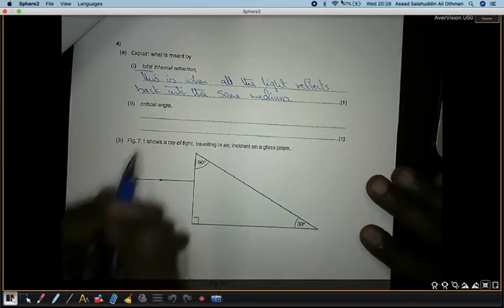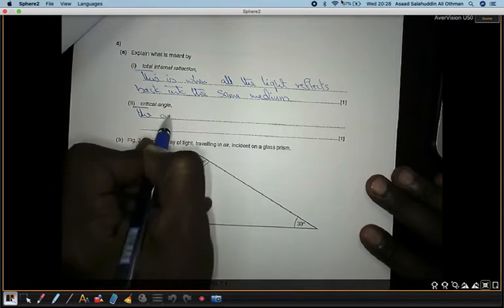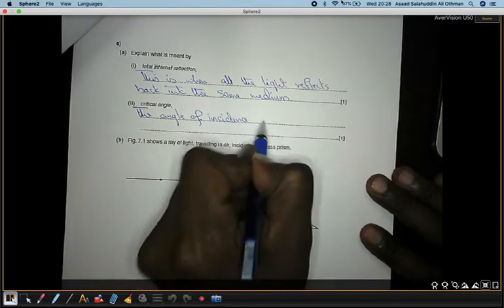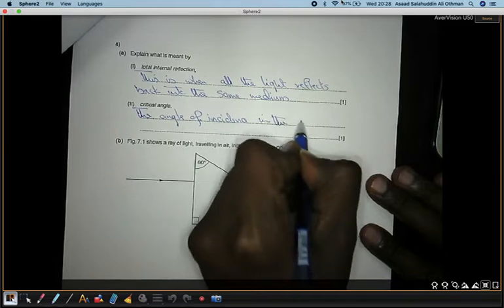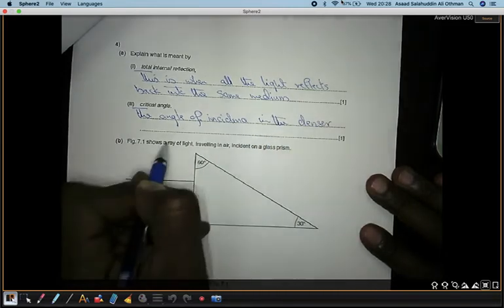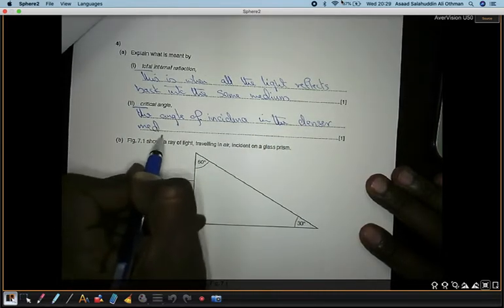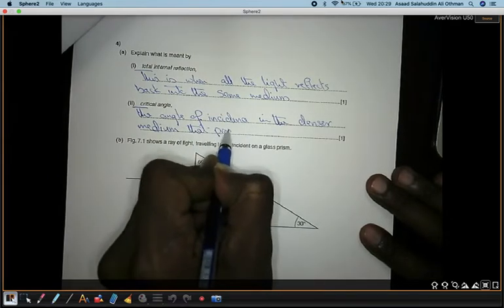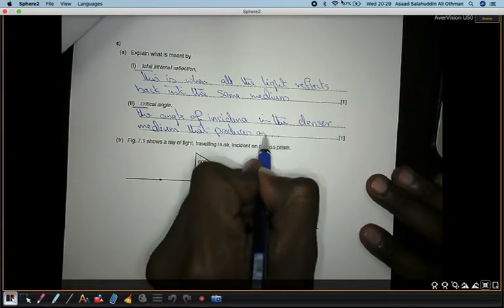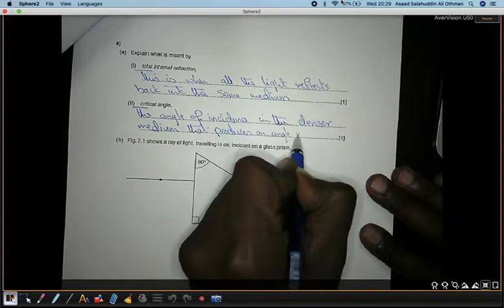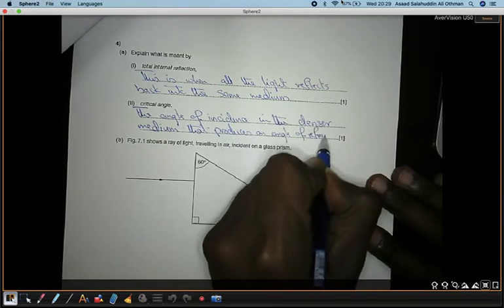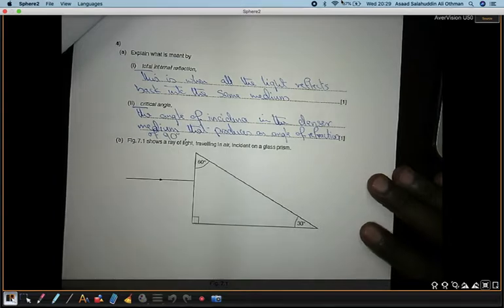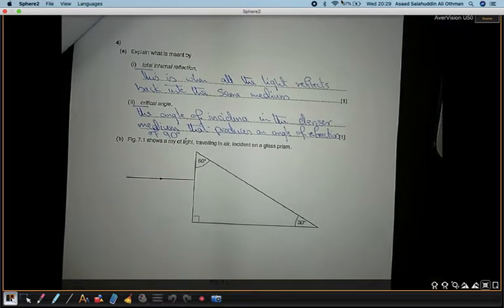Critical angle: the angle of incidence in the denser medium that produces an angle of refraction of 90 degrees. I think my handwriting is a little bit big, so I need to reduce that.